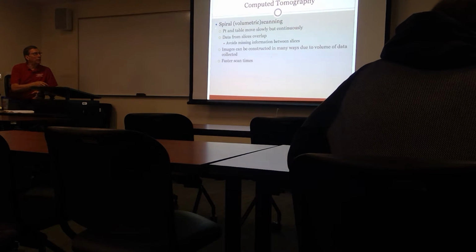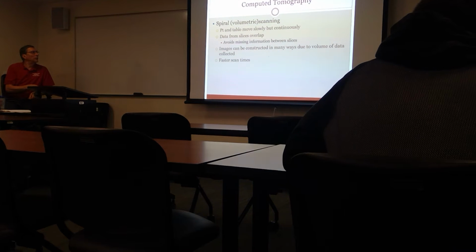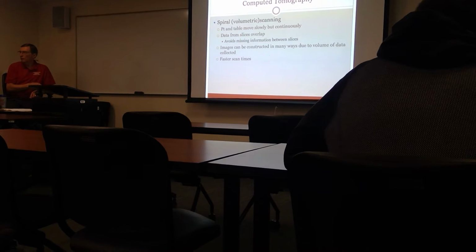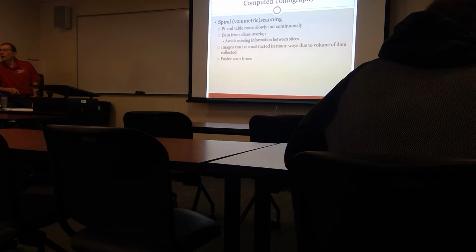So they invented spiral, or what's called volumetric scanning, in which the patient and the table move slowly but continuously. The data from the slices overlap, so you avoid missing information.